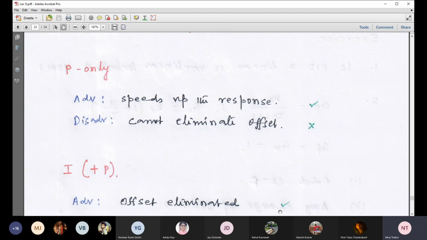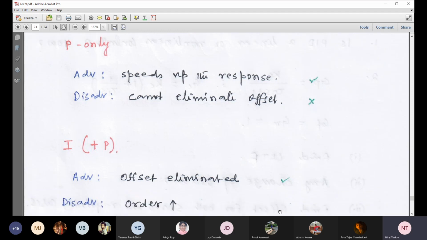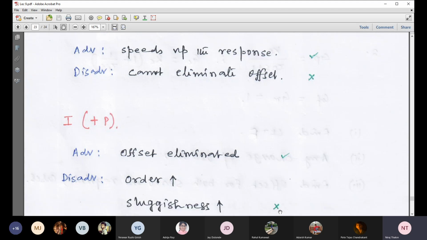It can eliminate offset. This is the advantage. But again, what is the drawback if we add integral action? Order increases. Order increases means we get more sluggish response.